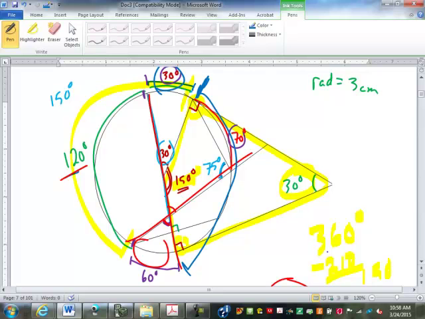Area of sector GOA. Well, this is 30 degrees, so you just find the area of the circle, then it's times 30 over 360. So that'd be 3 squared is 9 times pi. What is it, like 4.6, something like that? 4.7, somewhere there. Yeah, 4.71. What was that?